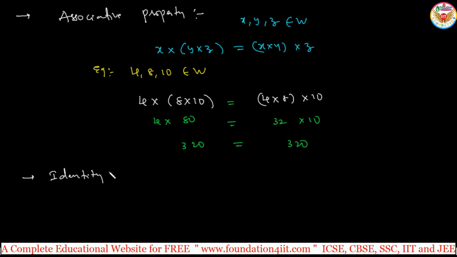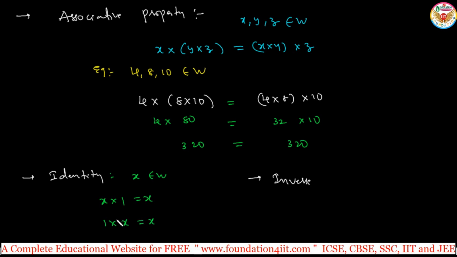If identity exists only, next you check inverse. So existence of identity for any whole number x. If x belongs to whole numbers, x into 1 is equal to x. For x, what number if you multiply, you will get the same number? That is 1. In the same way, 1 times x also is x.